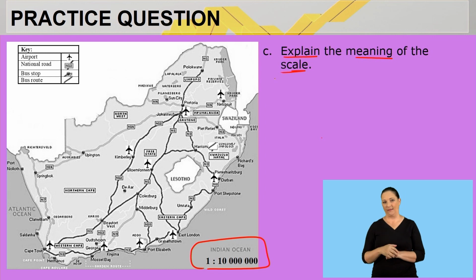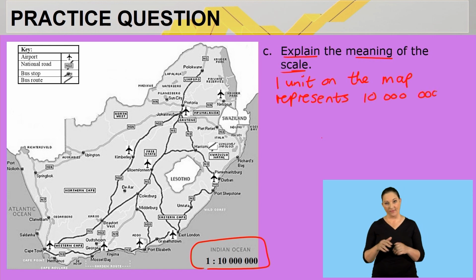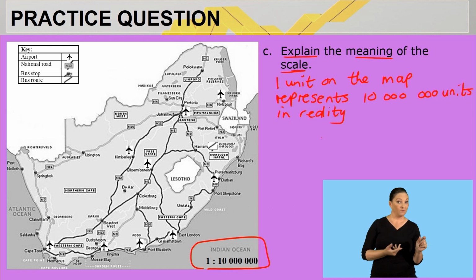This simply means that 1 unit on the map represents 10 million units in reality, or real life for that matter.